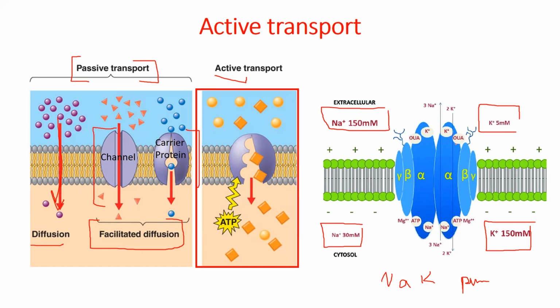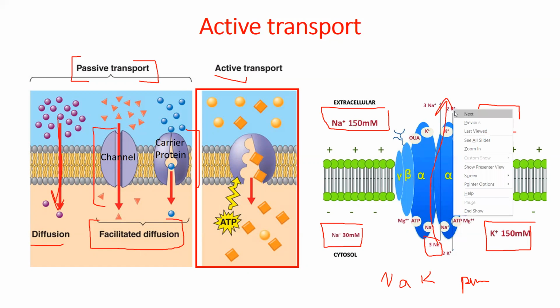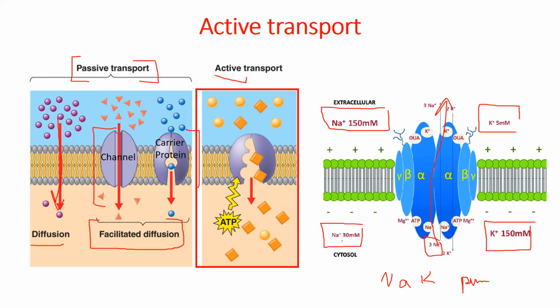And so what this pump does is basically transport 3 sodium, as you can see here, to outside. Okay, so from inside where there is a low concentration of sodium to outside where there is a high concentration of sodium. Along with this, it will transport potassium from the area where there is less potassium, which is outside, to the area where there is high potassium, to the inside.